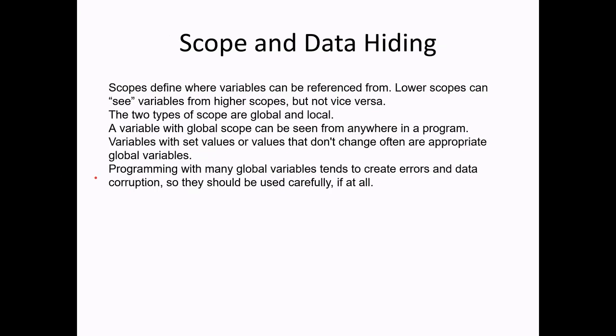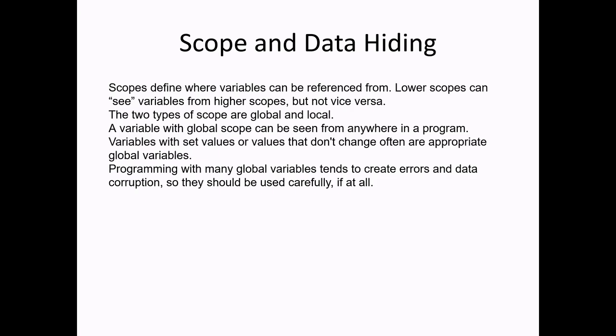The way scopes hide data from each other is that lower scopes, meaning scopes that are nested deeper within those sets of curly braces, can see variables from higher scopes, but not the other way around. Or specifically, code in lower scopes can see variables in higher scopes.